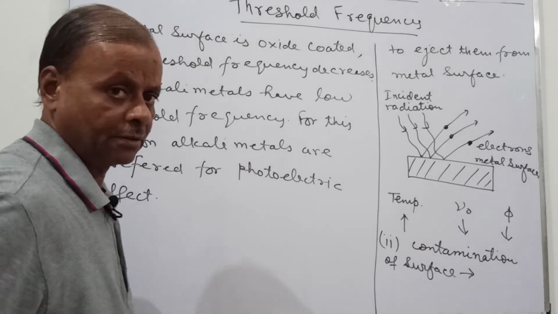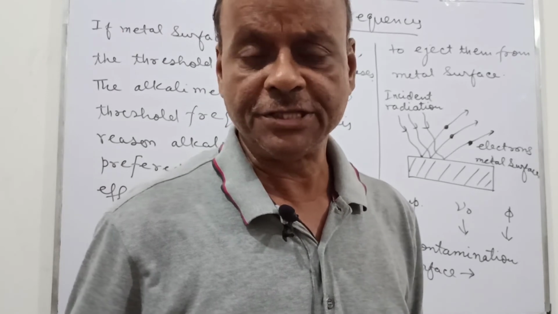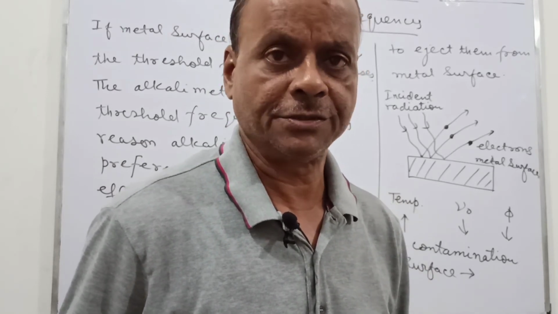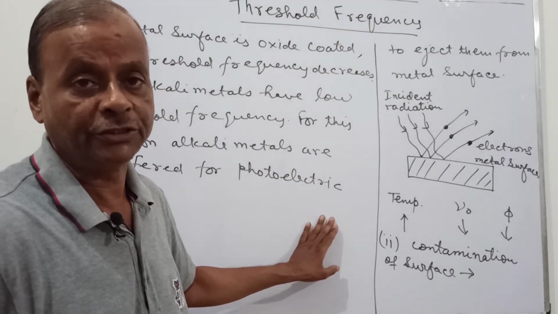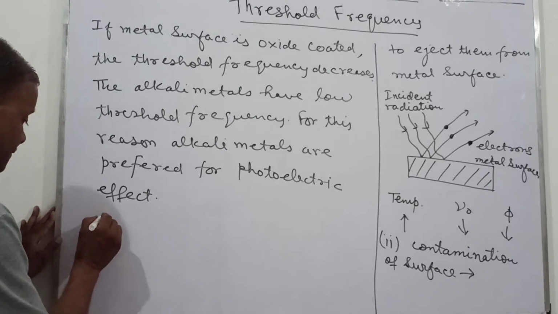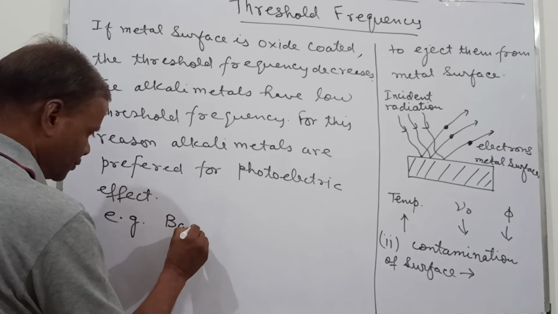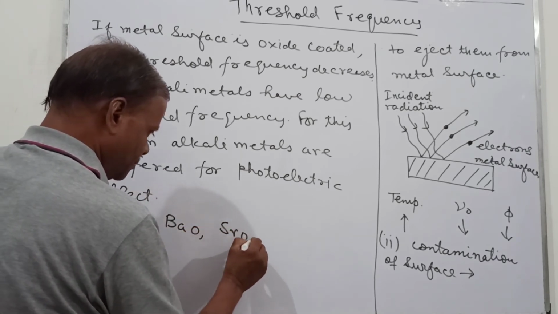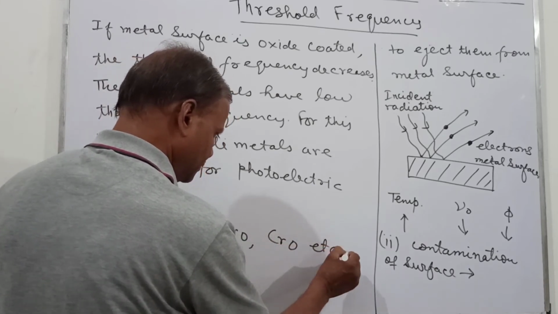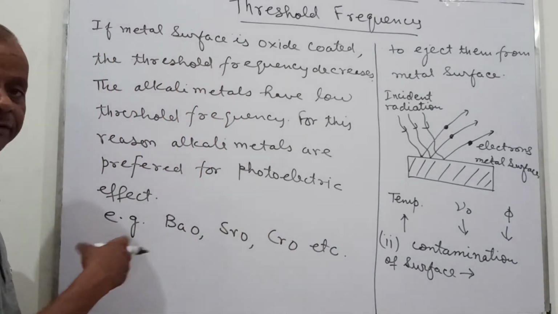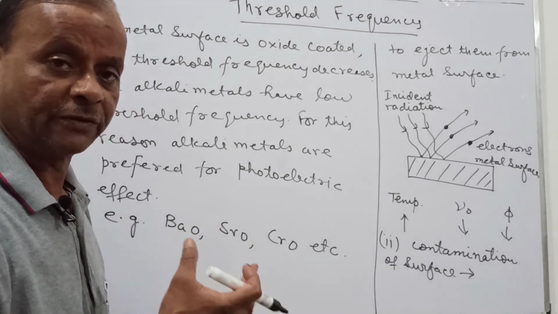It means that a light beam of low frequency is required for the alkali metals. So this is why oxide coated materials are usually used. Examples of this are barium oxide, strontium oxide, chromium oxide, etc. All such oxide coated materials are most preferred for the photoelectric effect.